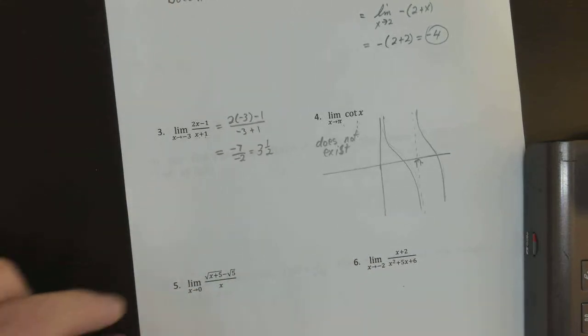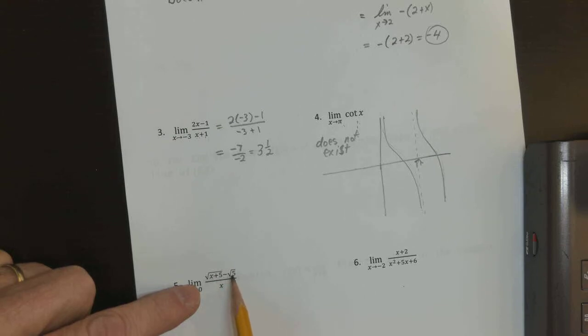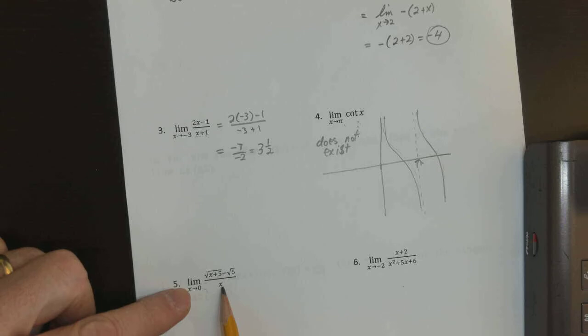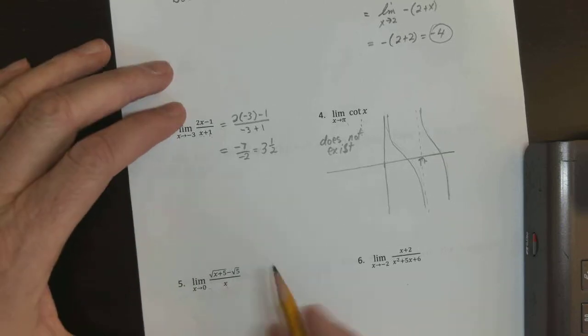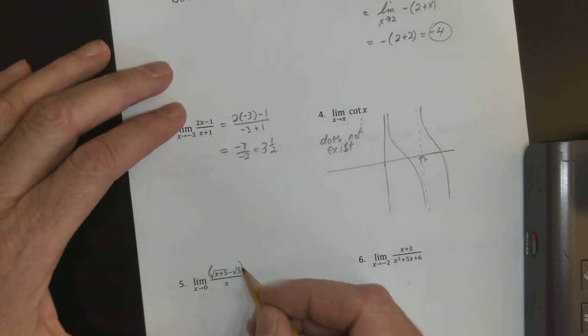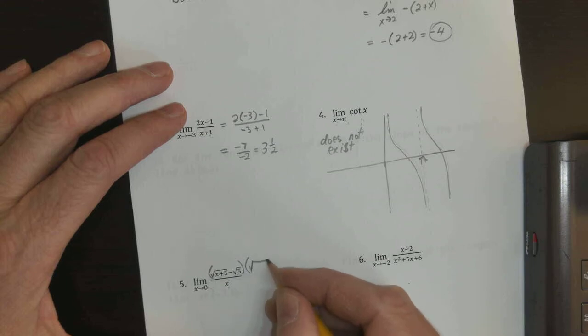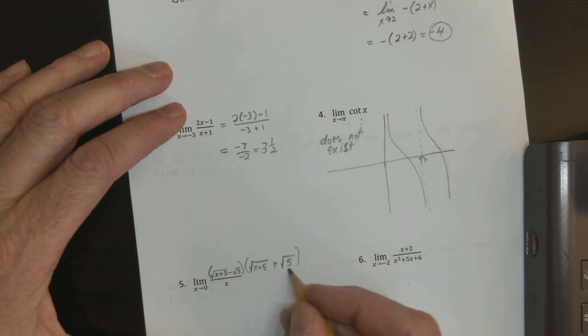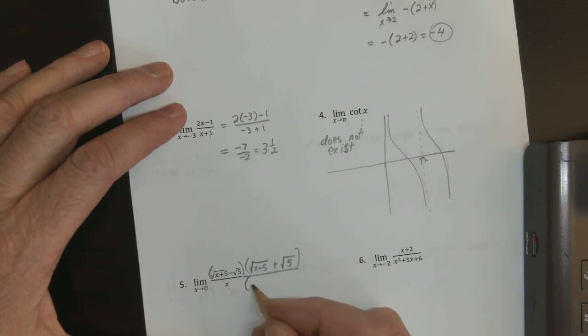Number 5, the limit of the square root of x plus 5 minus radical 5 over x, direct substitution won't work. So what I'm going to do is a strategy that we've learned of rationalizing the numerator. So the conjugate of the numerator, multiply top and bottom by that.